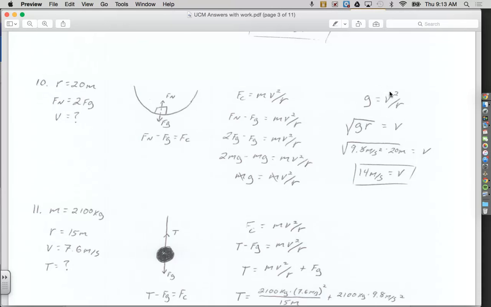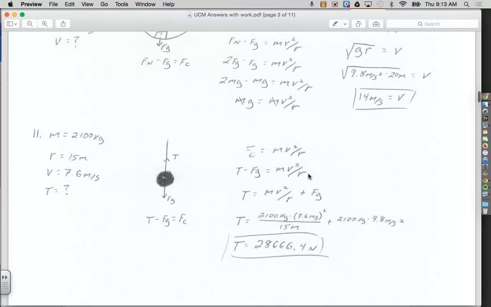And I'm solving for v. So I'm going to multiply r over to the left and take the square root to get rid of my squared. And I'm going to plug in some numbers. So the square root of g, 9.8 meters per second squared, times the radius, which is 20, is going to give me my speed. So if I'm going to experience 2 g's of force, I'm going to have 14 meters per second worth of speed to make that happen.